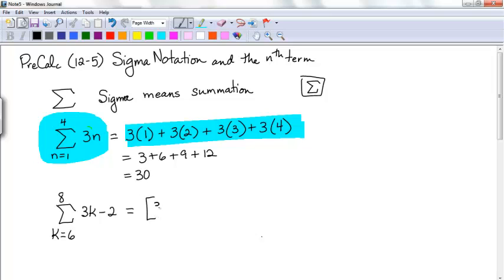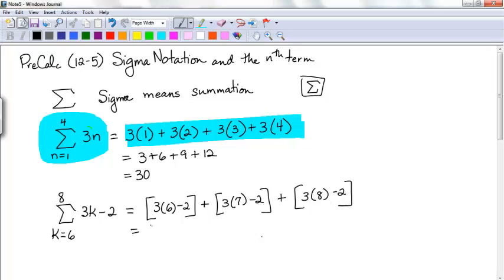So you'd say [3 times 6 minus 2], close the bracket, plus [3 times 7 minus 2], close the bracket, and then the quantity [3 times 8 minus 2], and that's where you stop when you get to that top number. If you simplify this, you'd get 16 plus 19 plus 22, and add those together, you get 57 for your sum.